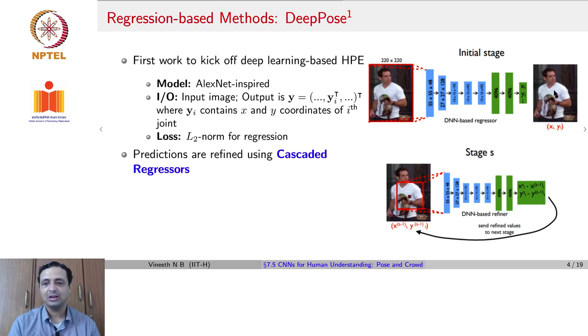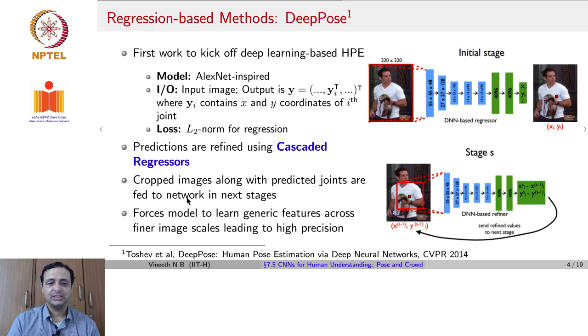Once you identify a joint position in your initial stage, you crop out a region around the joint position, and that region is scaled up to the input of the entire CNN, and this again predicts a refined value of the joint position inside that patch, which helps you fine-tune your joint position over multiple stages. So these cropped images are fed into the network in next stages, and this ensures that across the finer image scales you get precise key point locations as output.